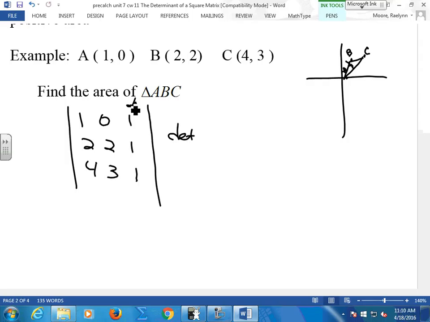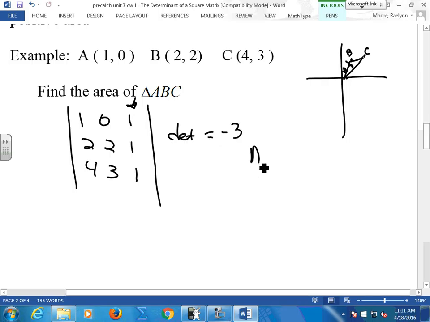So find me your determinant. -3? You sure? Yeah. Okay. So your determinant is -3.